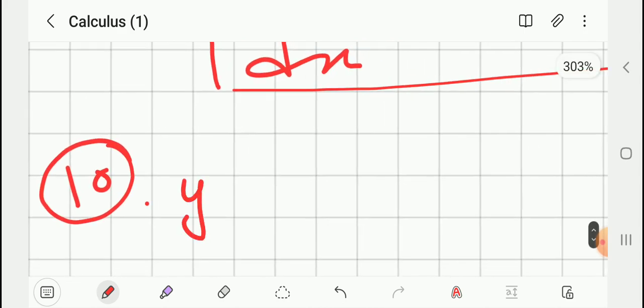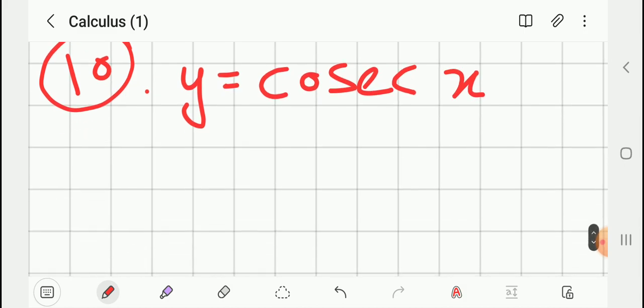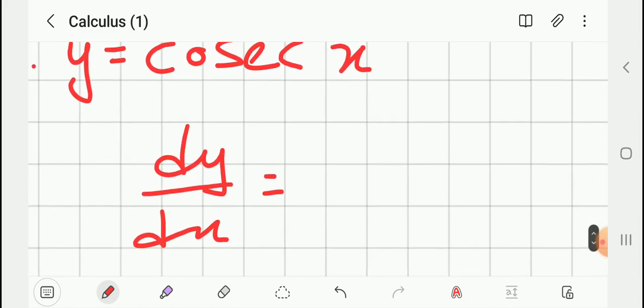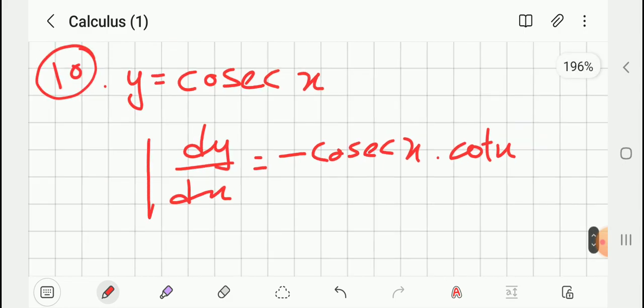The last formula for now, number 10, is y is equal to cosec x. At this point dy by dx is equal to minus cosec x into cot x.